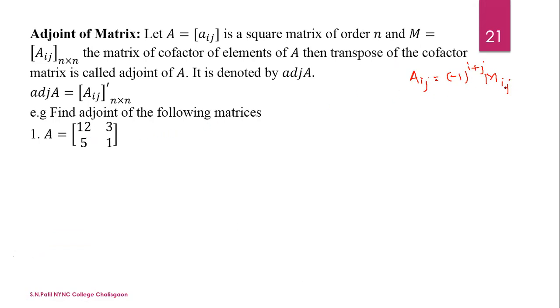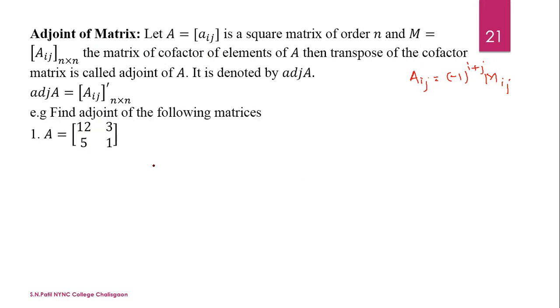Here i, j is the position of that element. See here, the minor of this element is deleting its row and column, that is 1. Minor of 3, deleting its row and column, that is 5, in this way. So this is the cofactor, and its transpose is called adjoint of matrix.